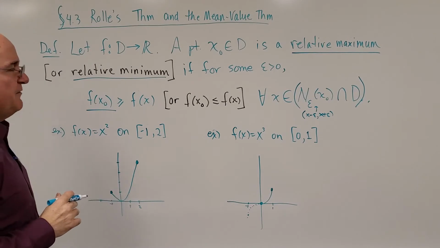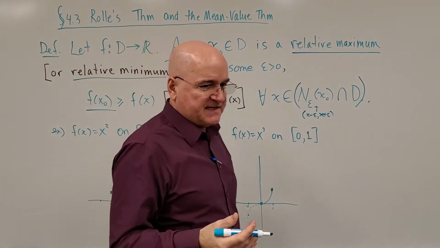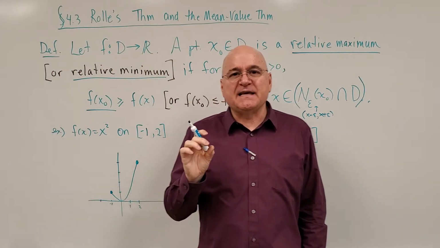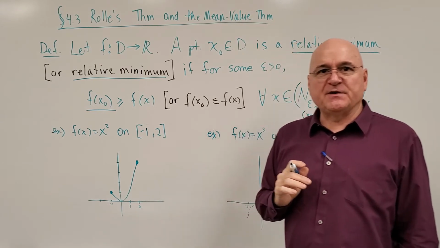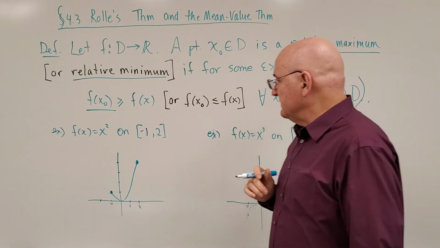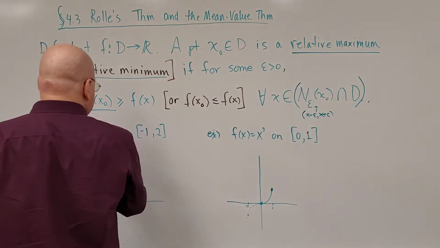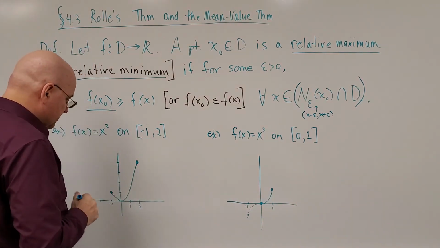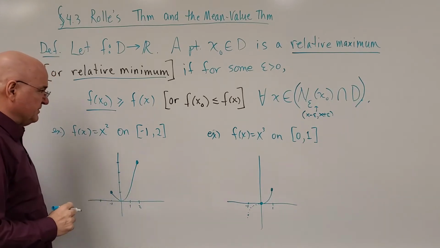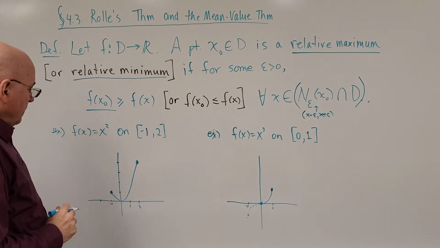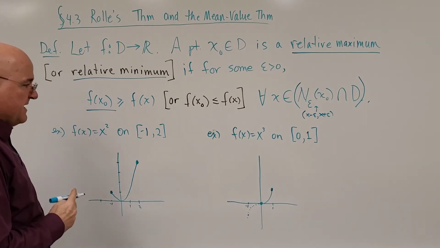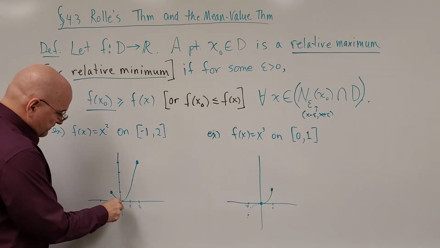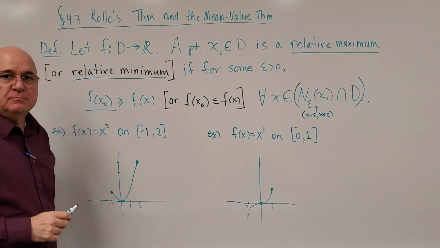Okay, so you're probably familiar with relative minimum and relative maximum, but I'm going to do a couple of examples where it might be different than what you remember in calculus. Let's take the function f of x equals x squared on the domain just -1 to 2. So I've got a graph here from -1 to 2. Well, a good relative minimum would be at 0.